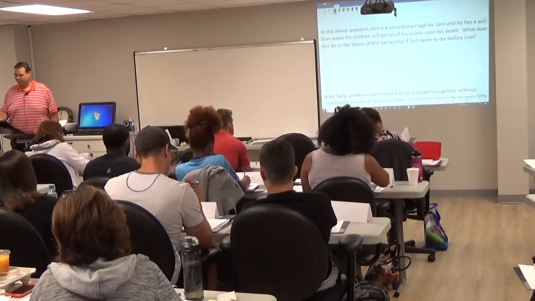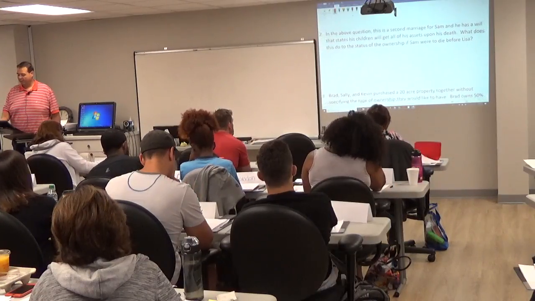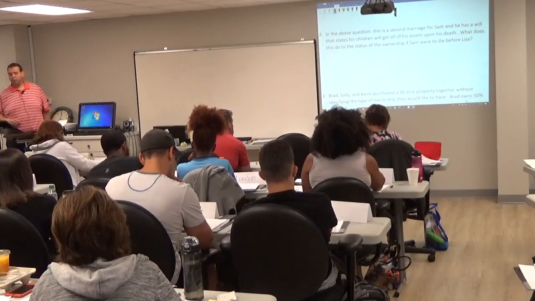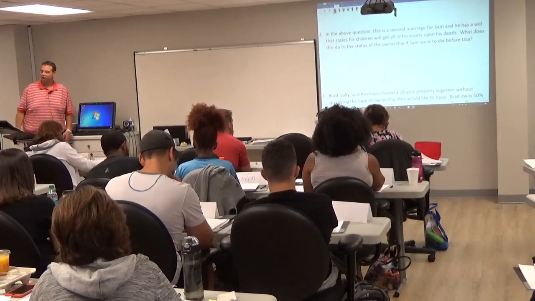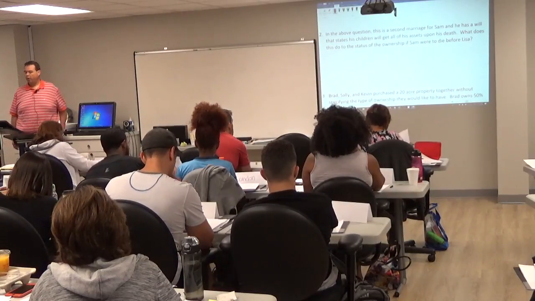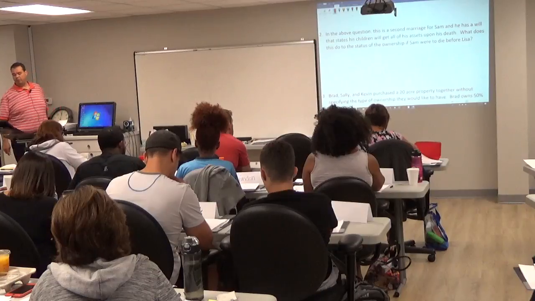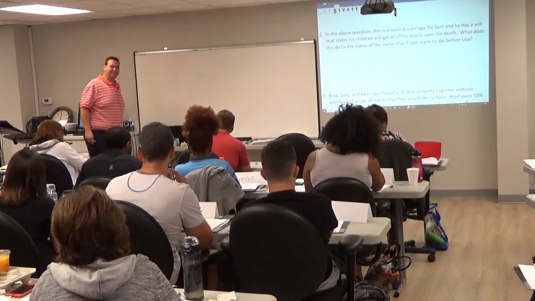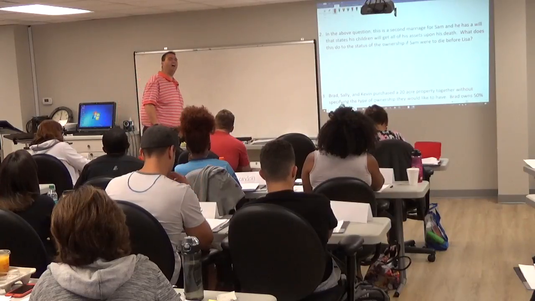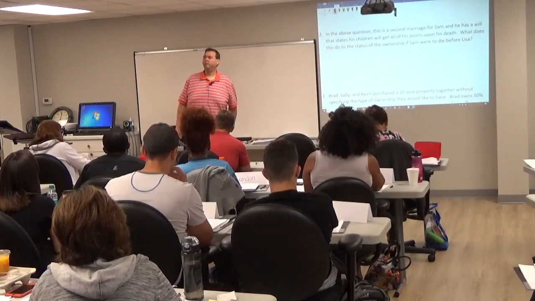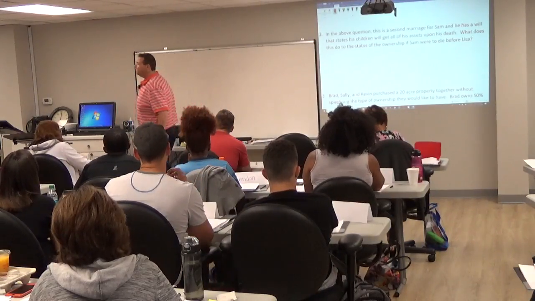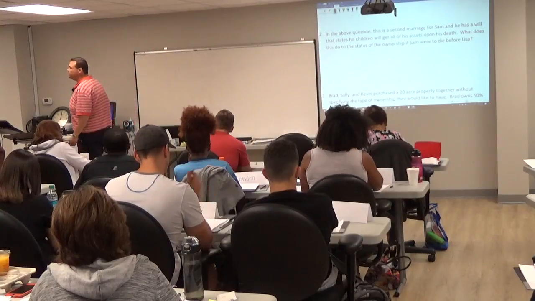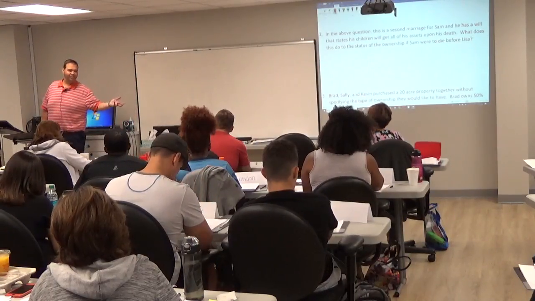Number 2, in the above question, this is a second marriage for Sam, and he has a will that states his children will get all of his assets upon his death. What does this do to the status of the ownership if Sam were to die before Lisa? Does the will affect it at all? No, because it's what kind of ownership? Tenancy by the entirety, which means we automatically have what?